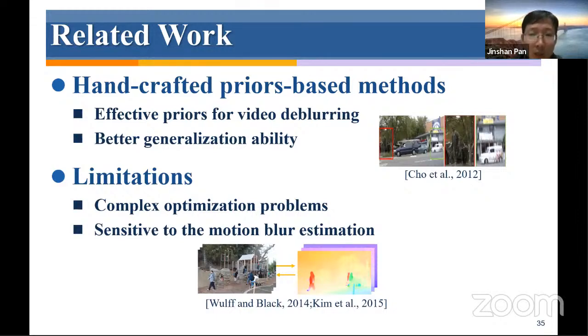The other main critical problem is that these methods are usually sensitive to the motion blur estimation. If the restored intermediate latent video contains small errors, they will significantly affect the following motion blur estimation.